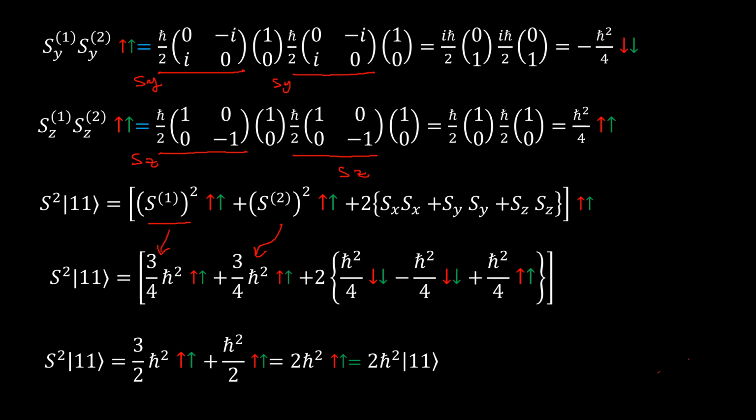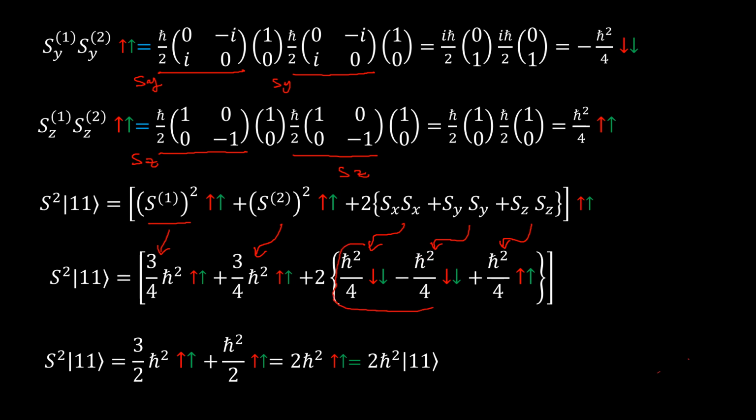Similarly for Sy, you can see here itself, minus ħ squared over 4 spin down. And for the Sz Sz term, it is equal to plus ħ squared over 4 spin up.